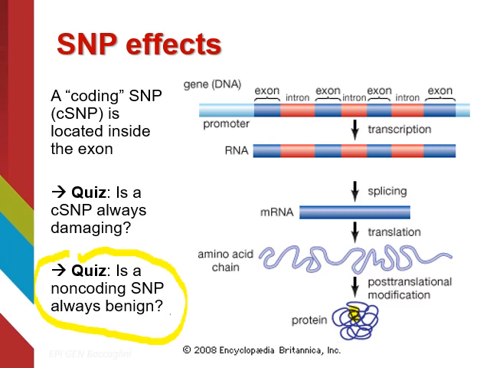Now if a SNP happens in an intron or in a promoter region, it could actually damage the signals that help produce the protein, and we know now that the introns are not just junk DNA as we used to think of, but they might contain important regulatory regions. So a non-coding SNP is not always benign.